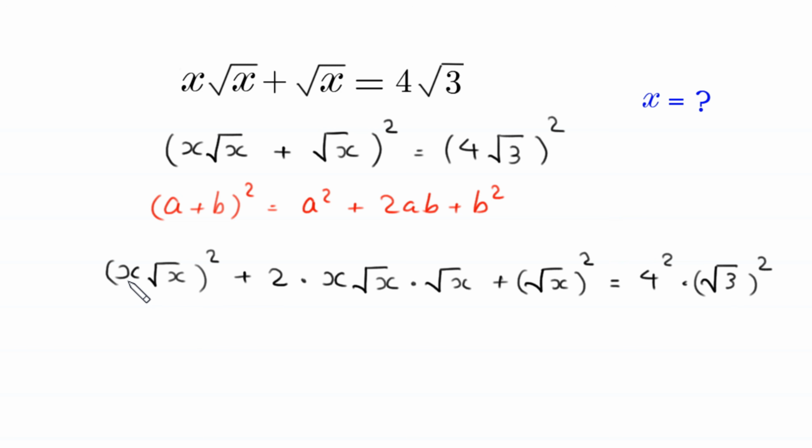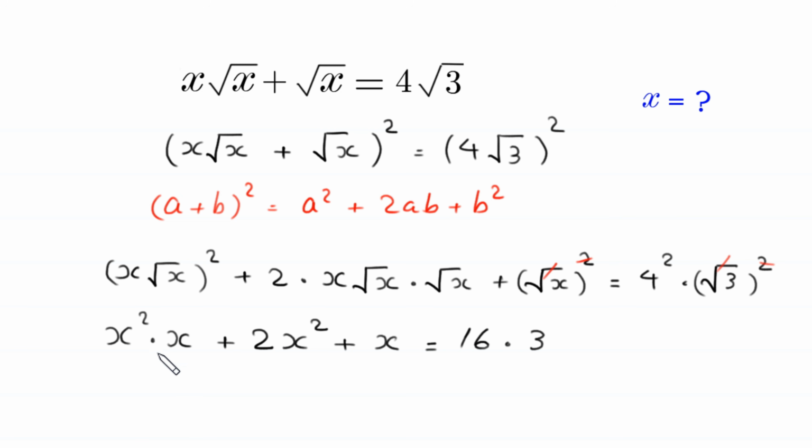Next, this (x times root x) squared will become x squared times x, plus this 2 times x times root x times root x will become 2x squared, plus this square will be cancelled out with this square root, and here we are left with x, is equal to this 4 squared is 16 times this square will be cancelled out with the square root, and here we are left with 3.